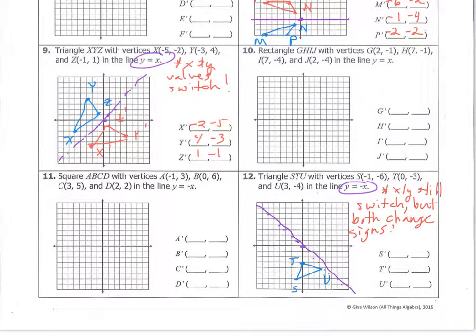So for S, we're going to switch the negative 1, negative 6, but they both change signs, so it becomes a positive 6, positive 1. Let's see if that works.